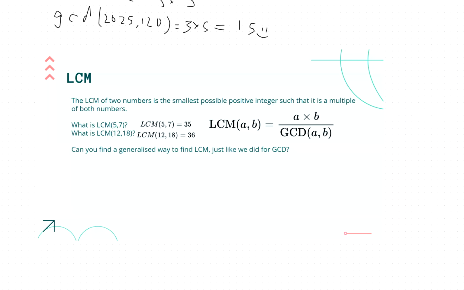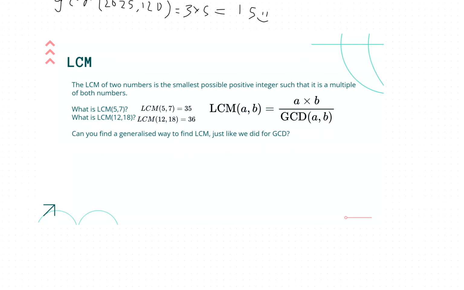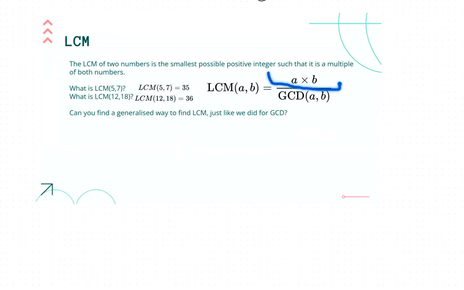Then if you take A and B and you multiply it together, you get two sets of the common primes. So you divide it by the GCD to get rid of the overlap. Yeah, that's a very good explanation.